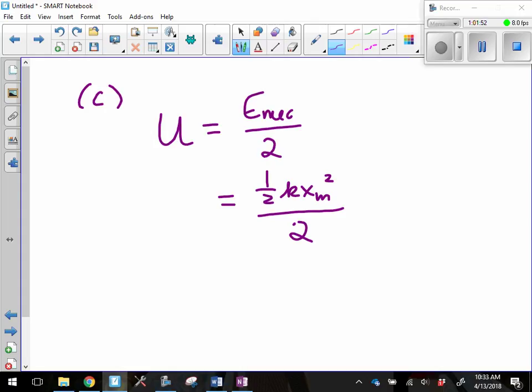How do I always find potential energy for a mass on a spring? 1/2 kx squared. So I can cancel some things here, right? Okay, so I can cancel this half and this half. I can cancel k and k. And I'm left with x squared is xm squared over 2.